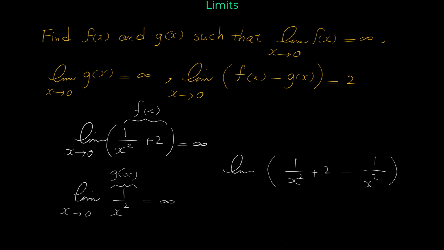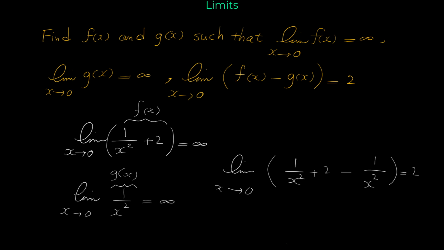If we subtract these two, what would be the limit? 1 over x to the 2 and 1 over x to the 2 cancel each other, and so we get 2 for the limit. So this shows that f of x as 1 over x to the 2 plus 2 and g of x as 1 over x to the 2 works for this problem. And attention, there are other examples that work very well for f of x and g of x.